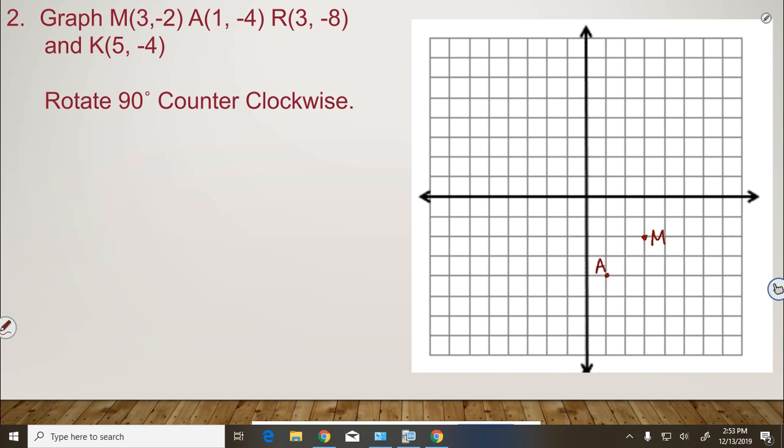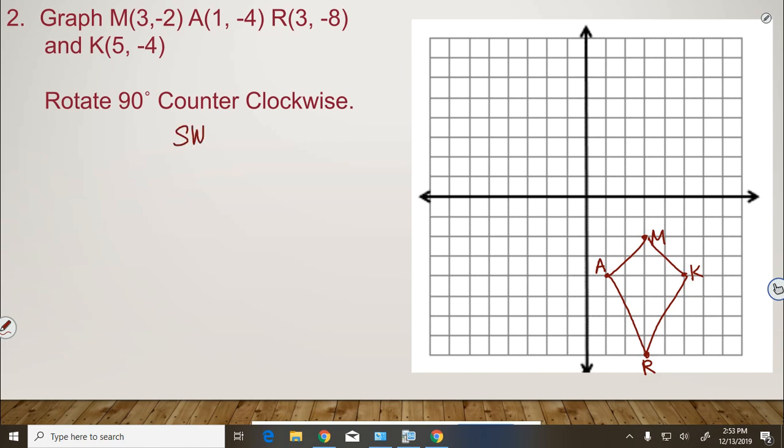R is (3, -8), so that's right 3 and down 8. And K is (5, -4), so that's right 5 and down 4. So MARK is this kite-looking figure, and we're going to rotate that 90 degrees counterclockwise.